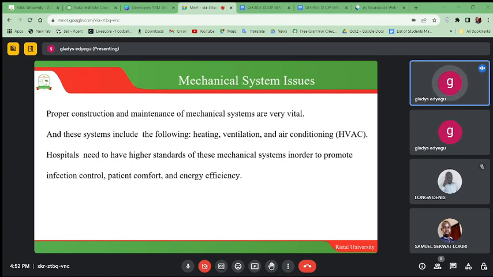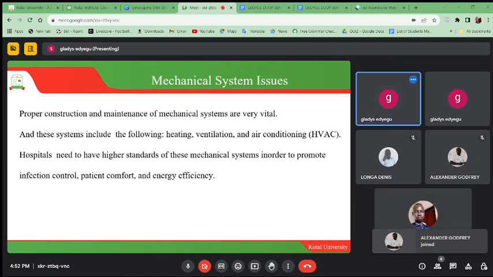Energy efficiency looks at providing power, and this is electricity where we need the lighting, and it has to be efficient so that it helps us to provide the services, and also promotes the patient's comfort. So we need all these services in place, and they have to be done to a standard that is expected for the hospital to function.